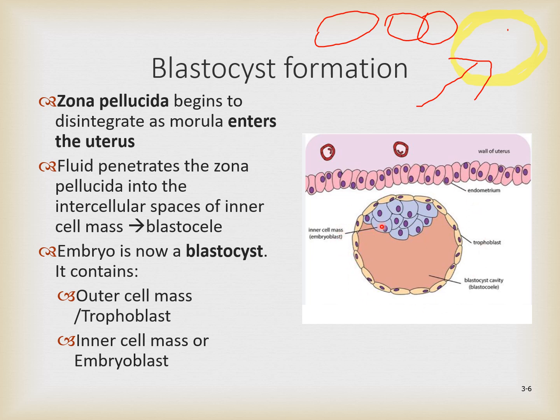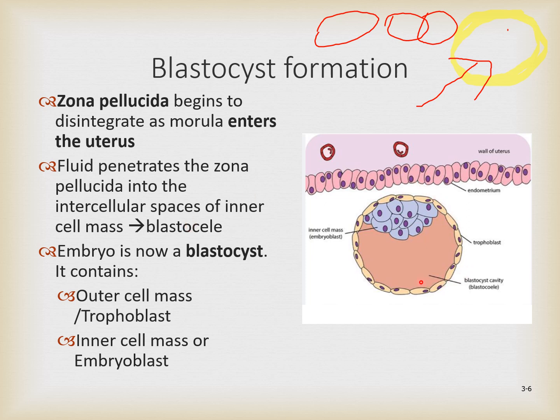Now here you can see that morula has converted into a blastocyst, and now we are going to know how this happens. With further development, fluid penetrates into the inner cell mass of the morula, and a cavity develops which is known as blastocele, or the blastocyst cavity.